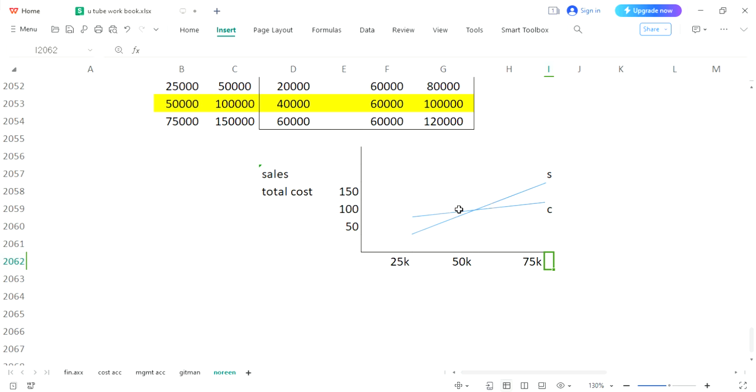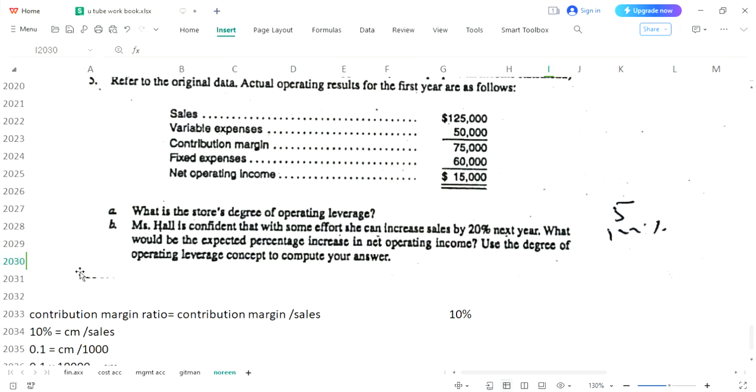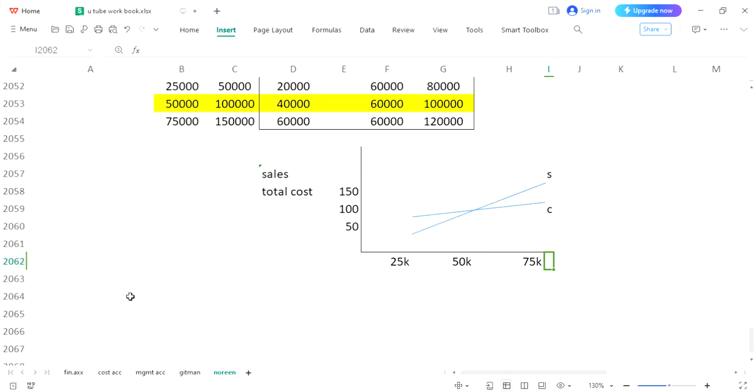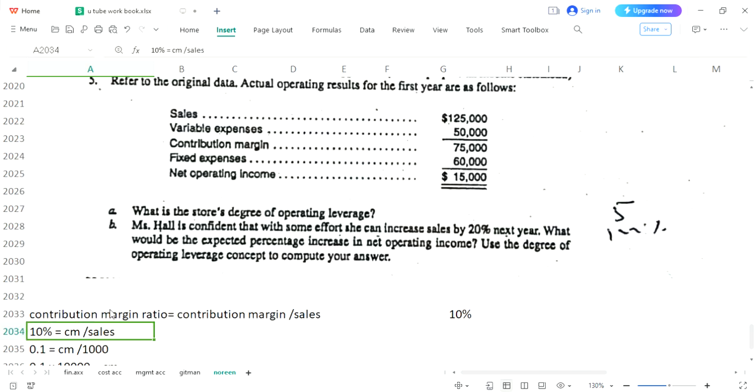When you go parallel to the x-axis, it is going exactly towards 100. When you go parallel to the y-axis, it is exactly going to 50,000. So this point is called your break even point. What we have done is the second point, the CVP graph has been made. We are now going to see the third point. Okay, and let's see what the third point is saying to us.